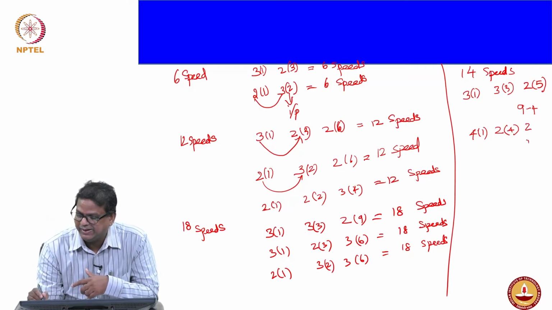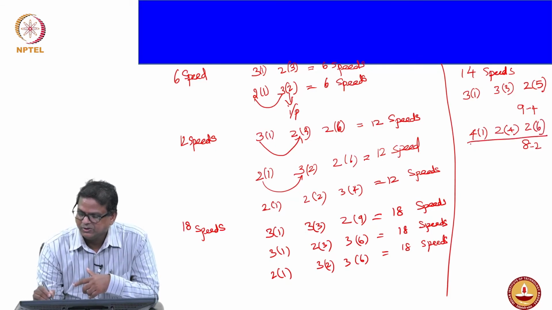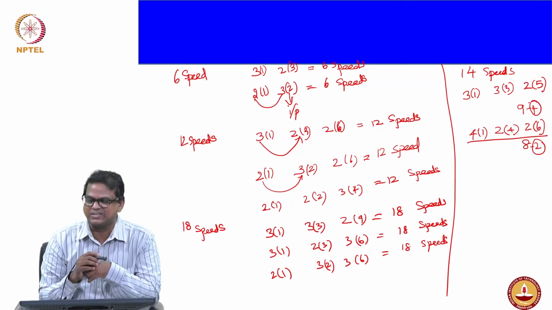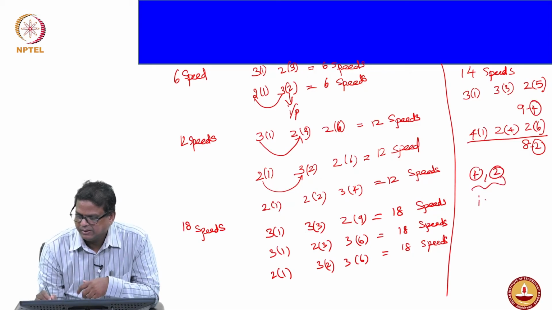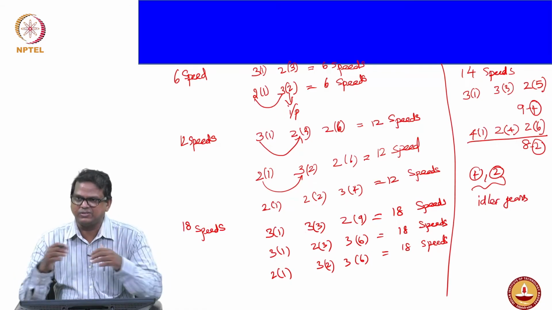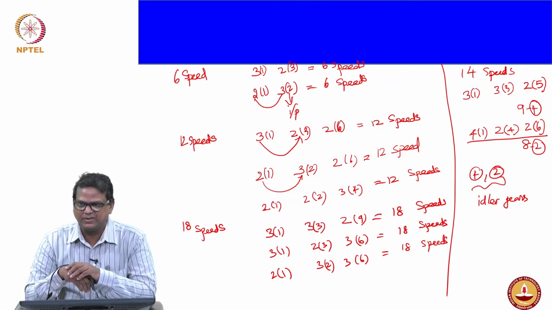So instead of 8, minus 2, that should give me 6. So in this arrangement, we will have 2 idler speeds. So this number indicates idler gears. The rounded numbers 4 and 2 indicate idler gears. This is the way you can arrange the gearbox, okay, if you are having odd speeds.